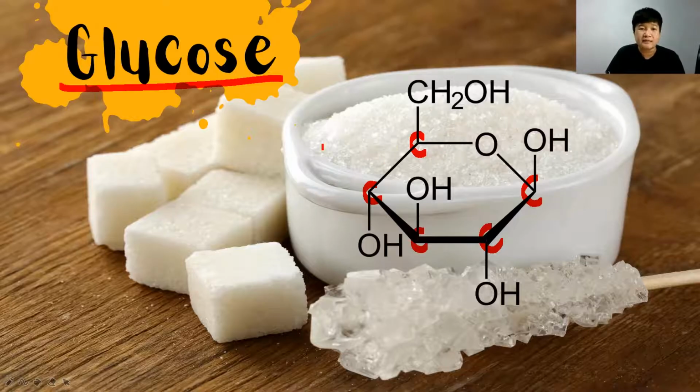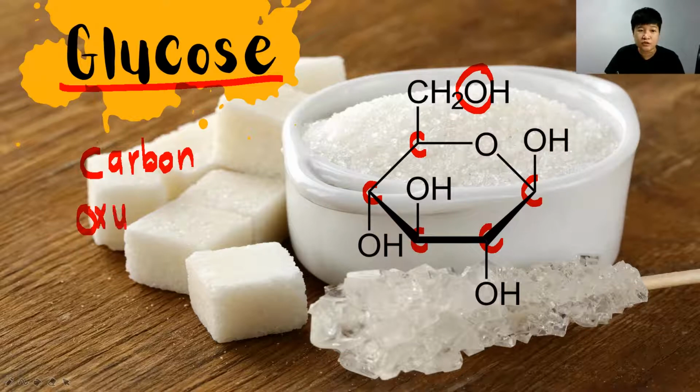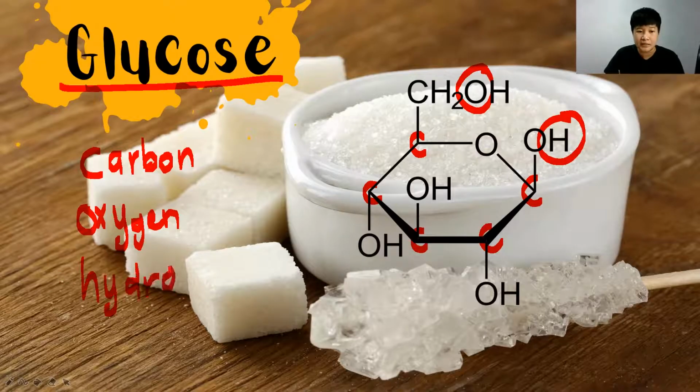So obviously, in glucose, carbon is one of the major elements. You can see over here, we have a lot of carbon. And as you can see, we have a lot of oxygen as well. Last but not least, we have the presence of hydrogen. So in glucose, we have 3 elements, which are carbon, oxygen, and hydrogen.